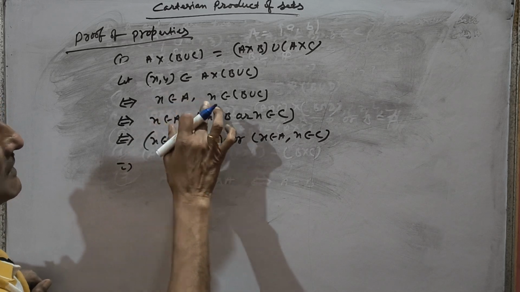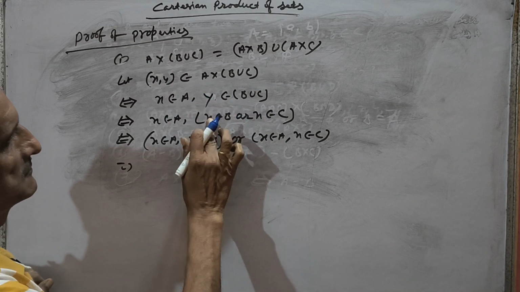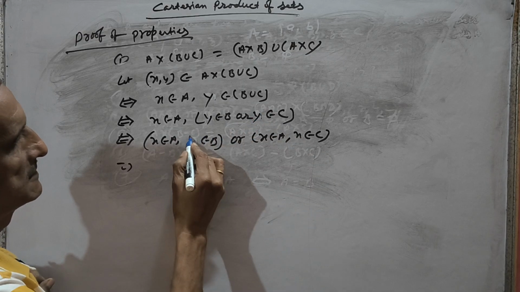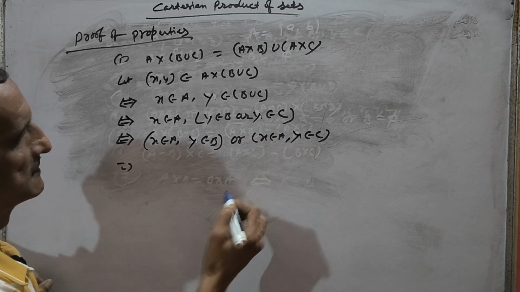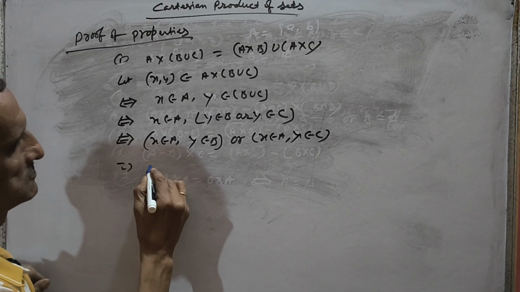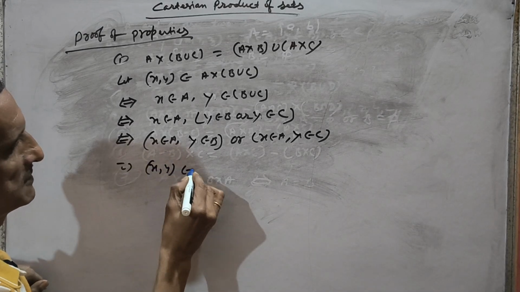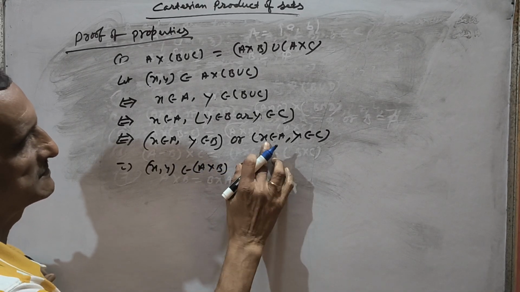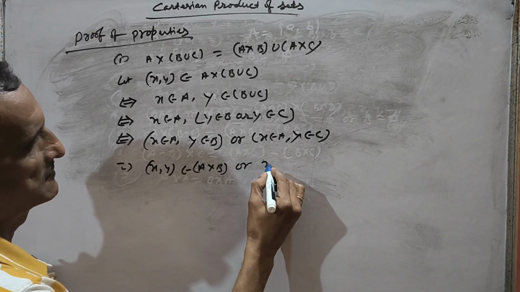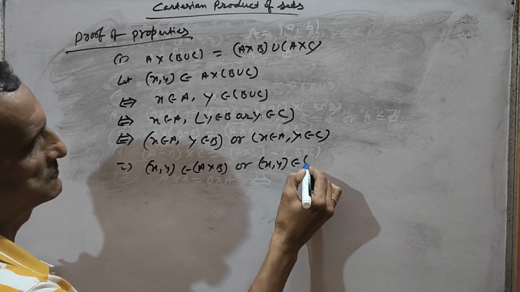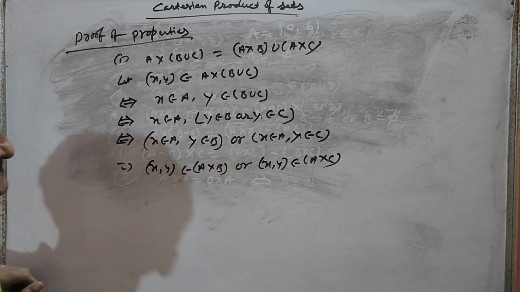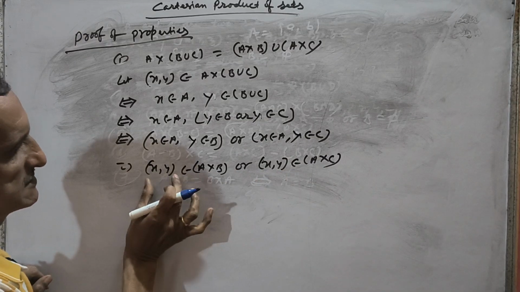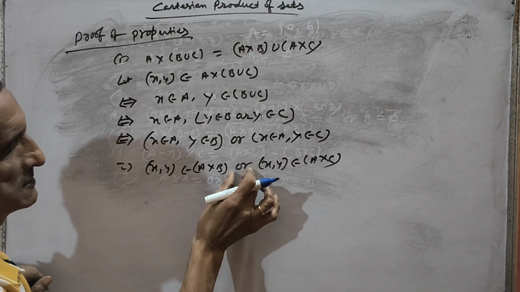Oh, sorry, the y should be here. Sorry, this is y. So y is here, y is here. Now, if x belongs to A, y belongs to B, then ordered pair (x, y) belongs to A cross B. Or x belongs to A, y belongs to C, then ordered pair (x, y) belongs to A cross C. Now, if this belongs here or this belongs here, then 'or' is the meaning.